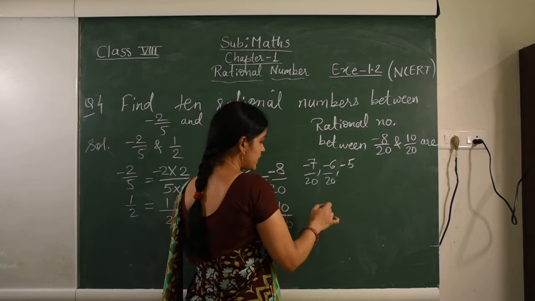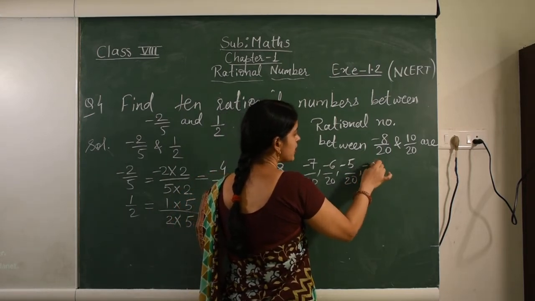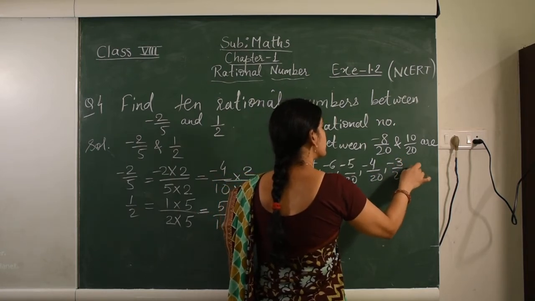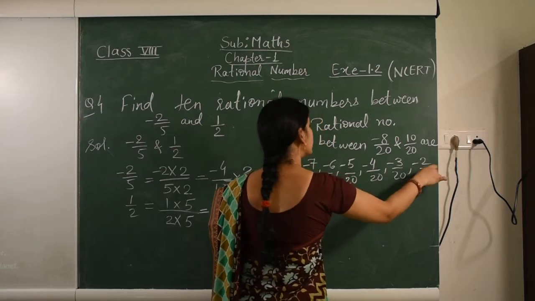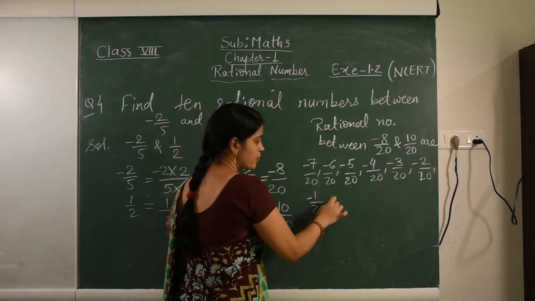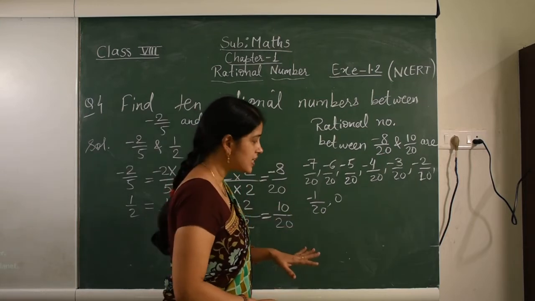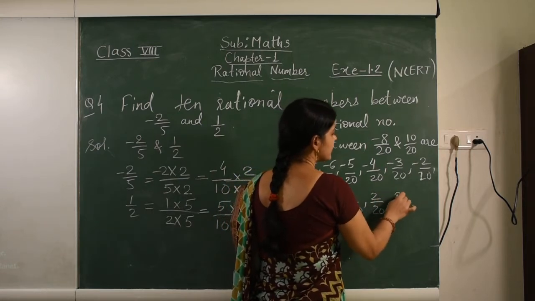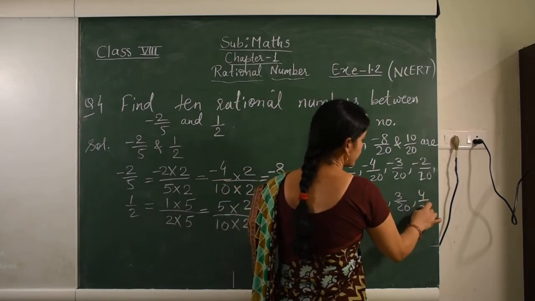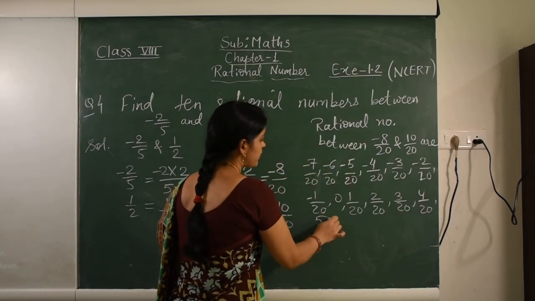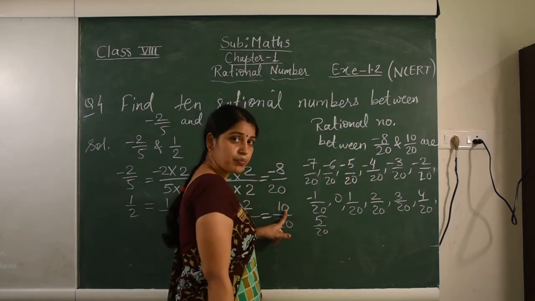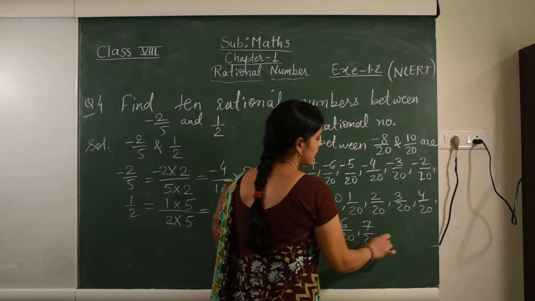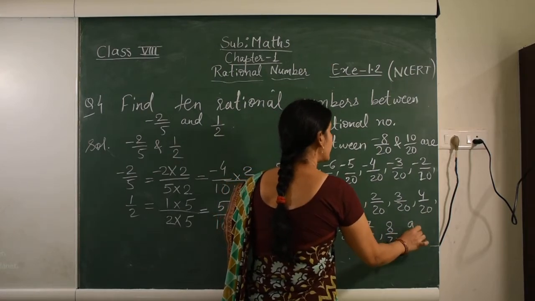Okay, the denominator is same, so we put the denominator here also: minus 4 upon 20, minus 3 upon 20, minus 2 upon 20, then minus 1 upon 20, before minus 1 it is 0, then 1 upon 20, 2 upon 20, 3 upon 20, 4 upon 20, then 5 upon 20 up to 9 upon 20 we can take, 6 upon 20, 7 upon 20, 8 upon 20 and 9 upon 20.